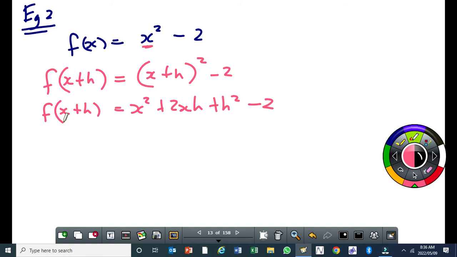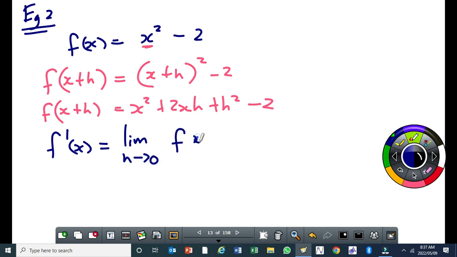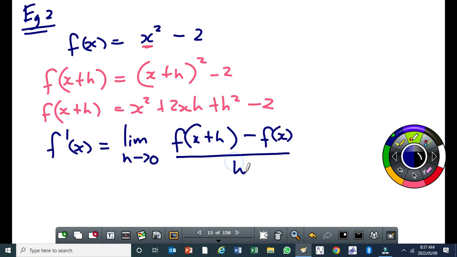Now I'm going to write my formula for the definition of a derivative from first principles. So f prime of x would equal the limit as h tends to 0 of f of x plus h, which I already know, minus f of x all over h.